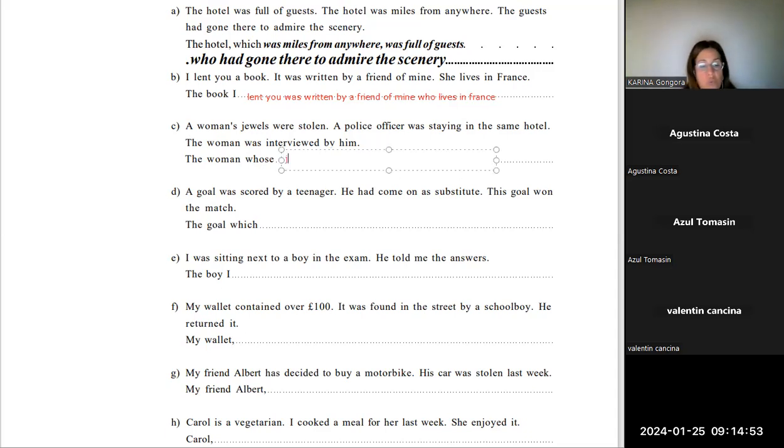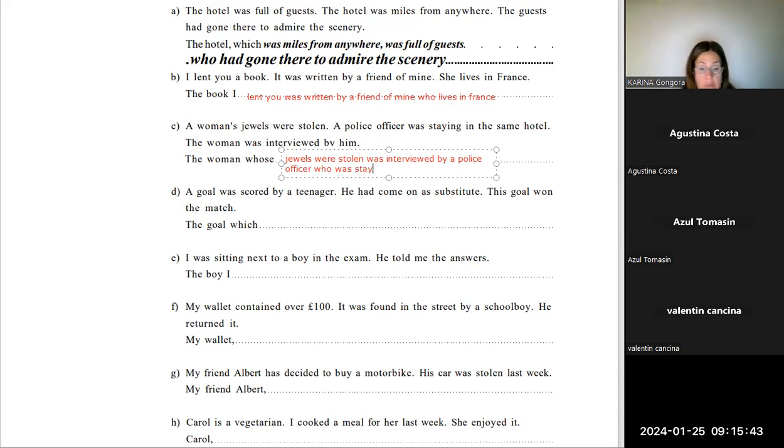The woman whose jewels were stolen was interviewed by a police officer who was staying.